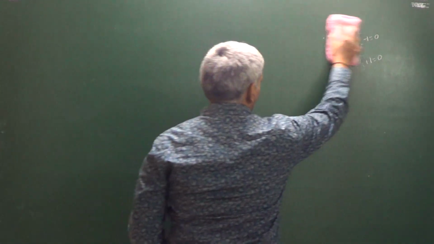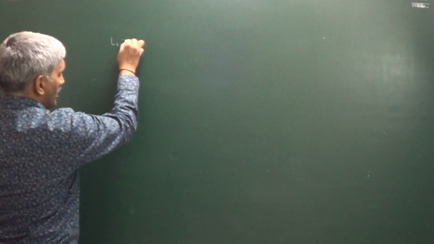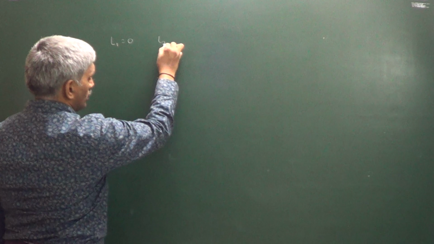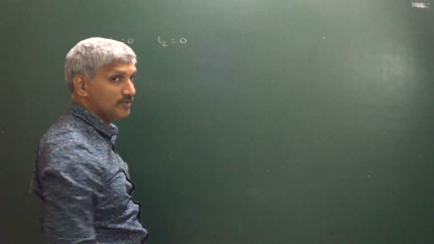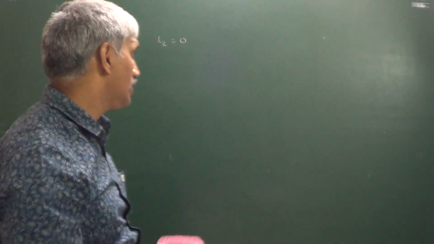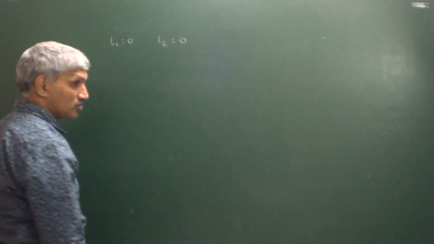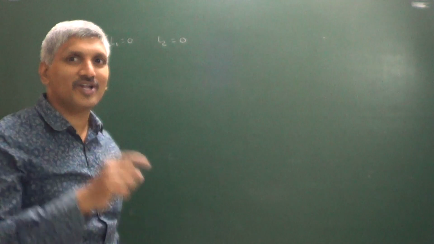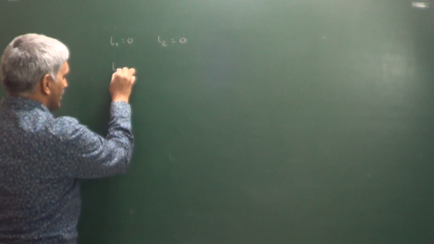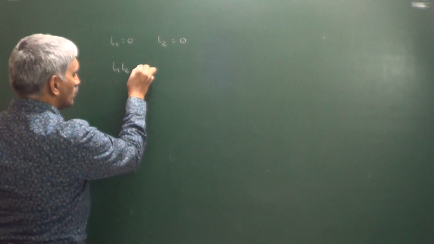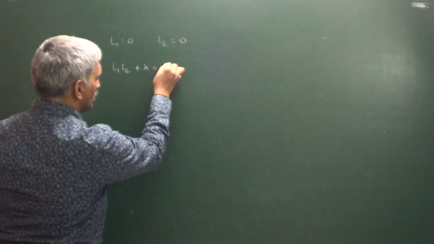That idea is, if L1 is equal to 0 and L2 is equal to 0, these are the equations of two asymptotes. Then the hyperbola equation is given by L1 into L2 plus lambda is equal to 0.